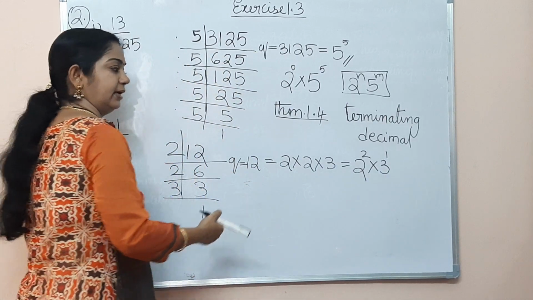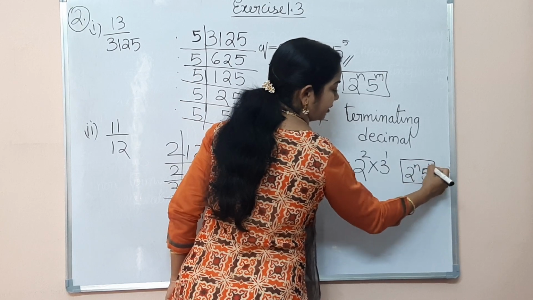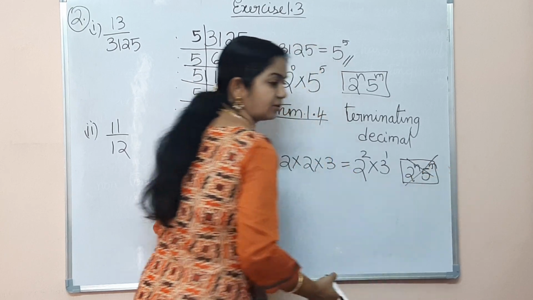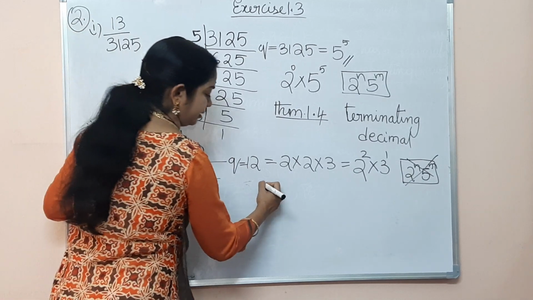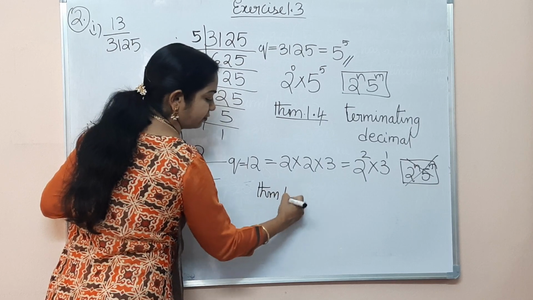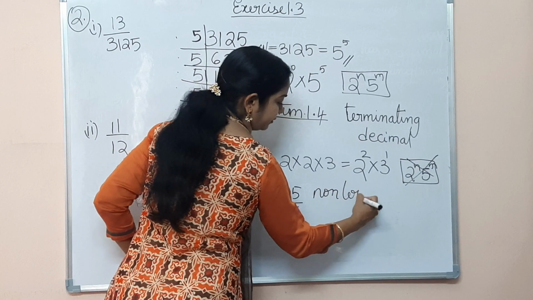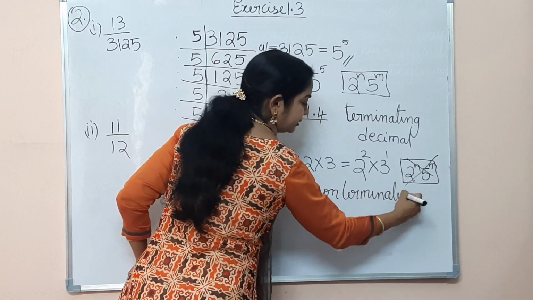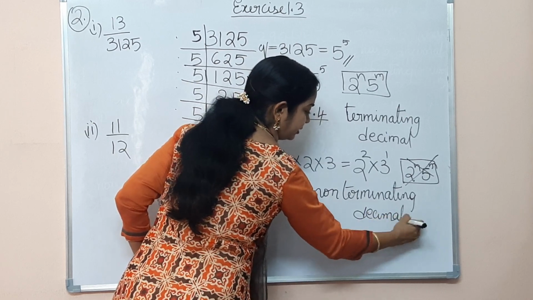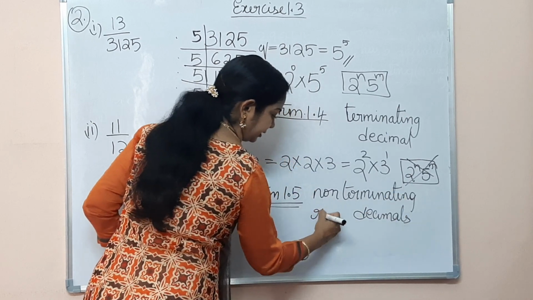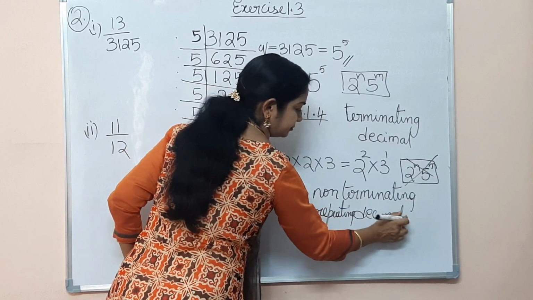Here we can see that it is not in the form of 2^n 5^m, isn't it? It is not in the form. So it will be a non-terminating repeating decimal according to theorem 1.5. It is non-terminating repeating decimal.